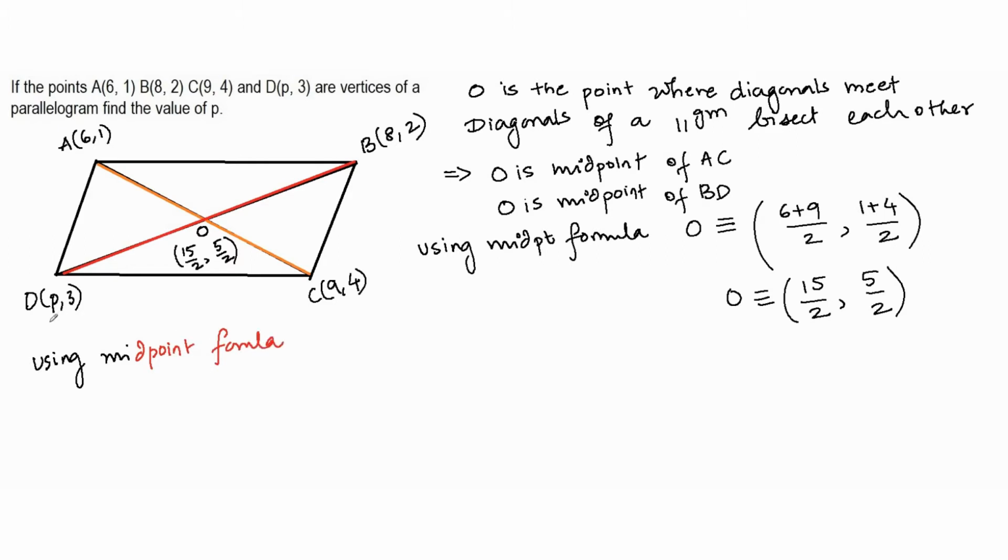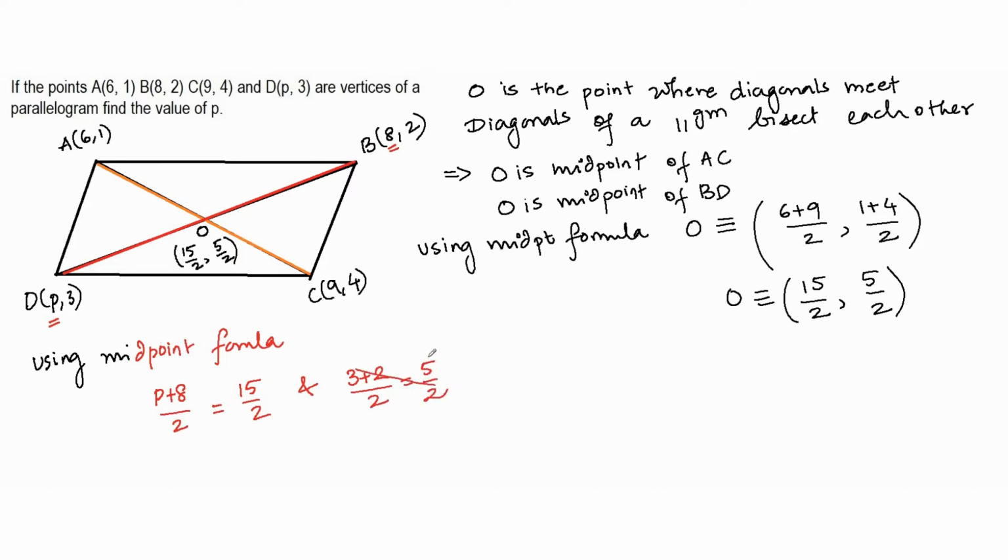I can say that (P + 8)/2 is going to be the x coordinate of the midpoint of DB, which is O. Therefore, (P + 8)/2 is going to be 15/2, and (3 + 2)/2 is going to be 5/2.